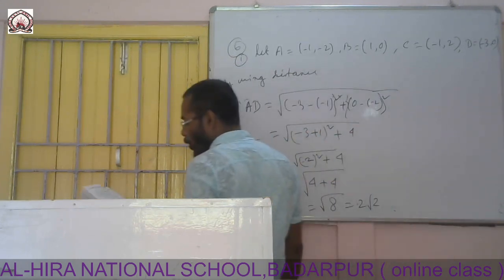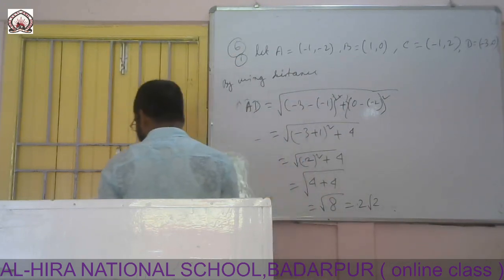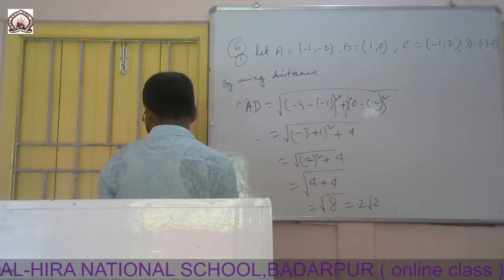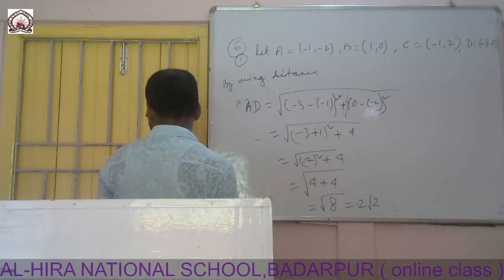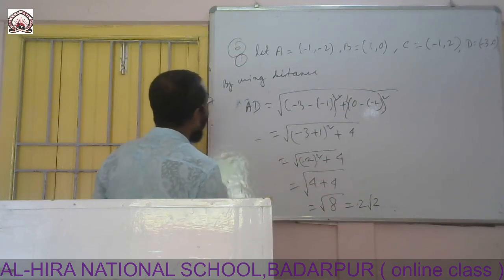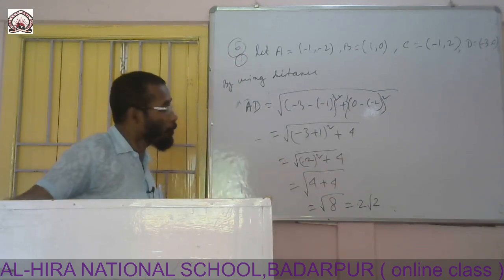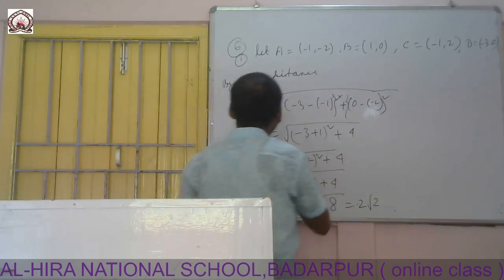So AD is also 2 root 2. Then we are getting AB, CD, AD, all 2 root 2.